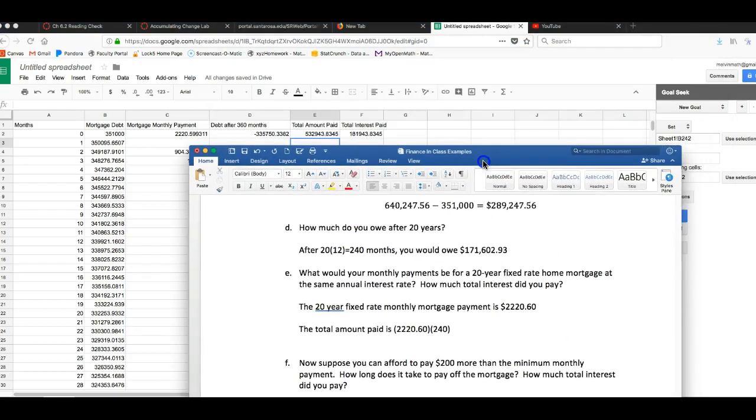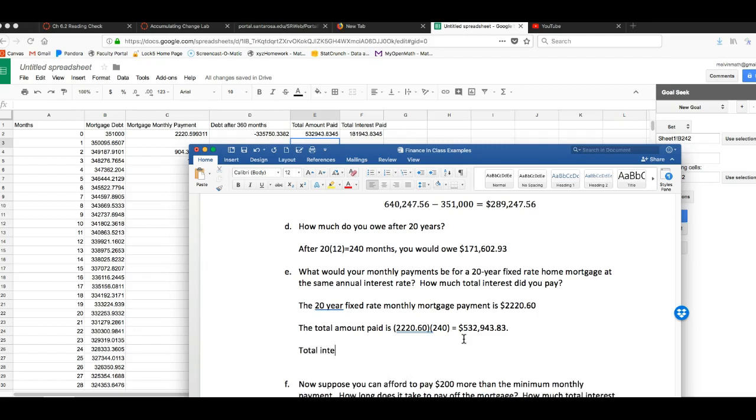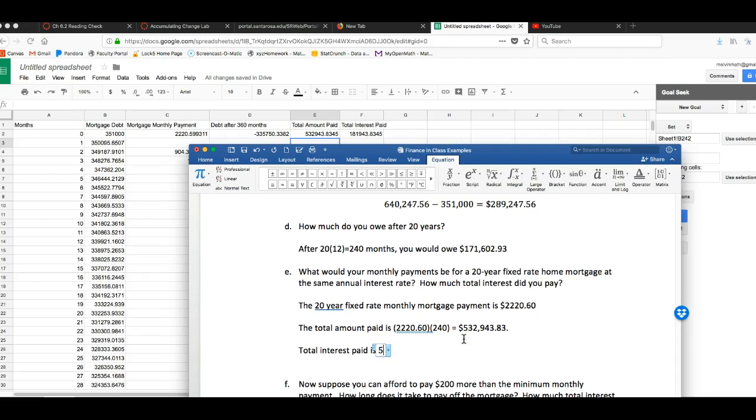I'll write that down: $532,943.83. So total interest paid is going to be how much you paid in total, $532,943.83, minus your initial debt of $351,000.